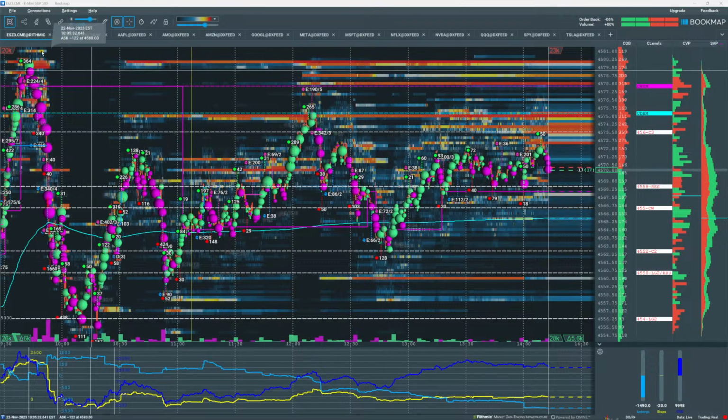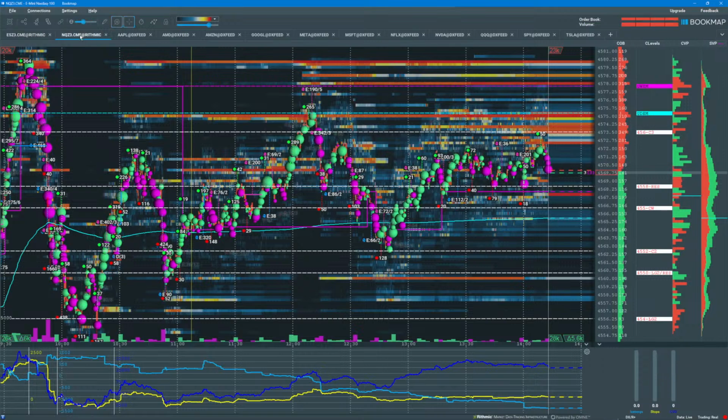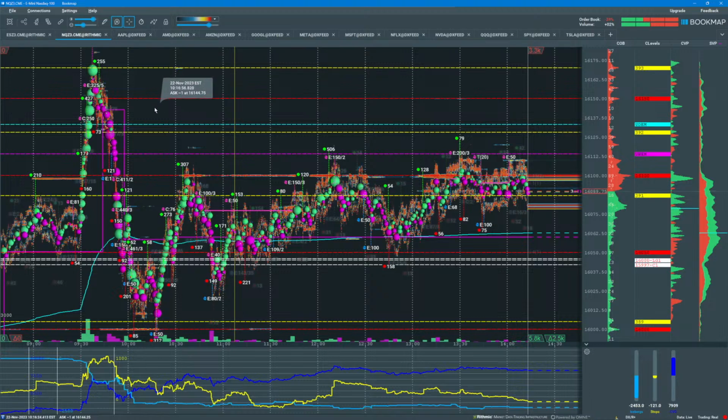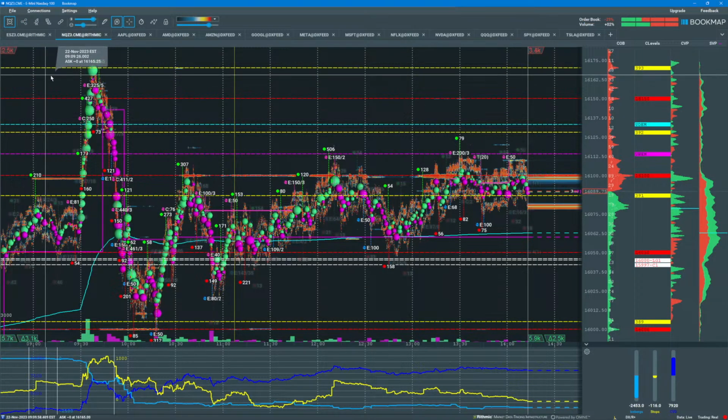All right, let's take a look at NASDAQ. Similar pattern. Zoom in on this.